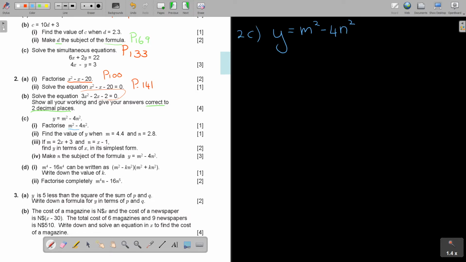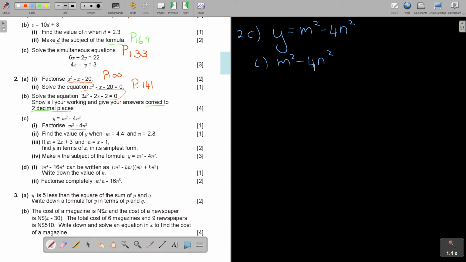Again, do you see it's an expression and they say factorize? So they like to combine algebraic expressions and algebraic equations in an examination. So if they just say that part, m squared minus 4n squared, then don't forget it's two terms.